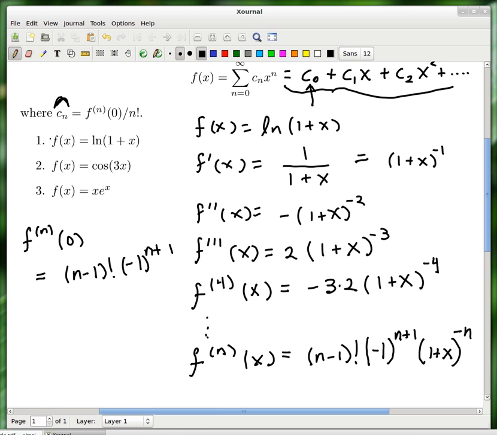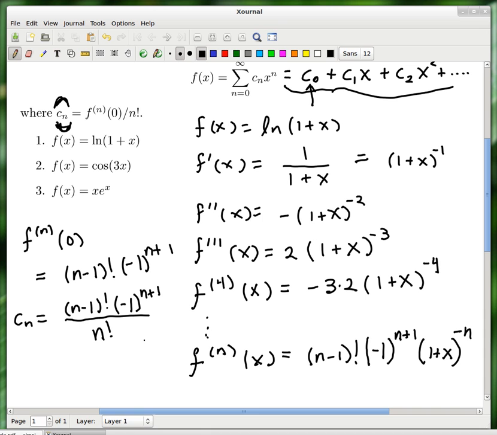And now we're really close to being able to write down the formula for Cn. So what do you have to do? You have to divide this thing by n factorial, right? So Cn is going to be equal to n minus 1 factorial times negative 1 to the n plus 1, and on the bottom we're going to have n factorial.